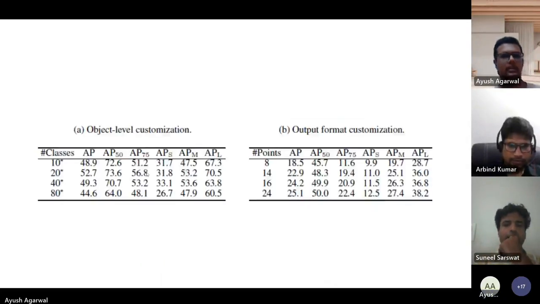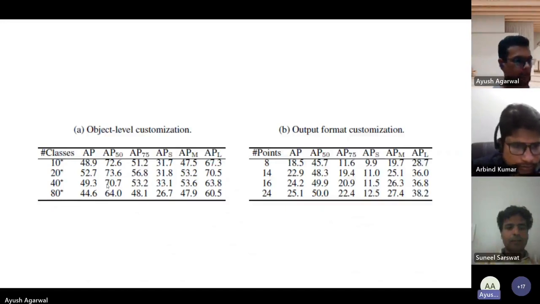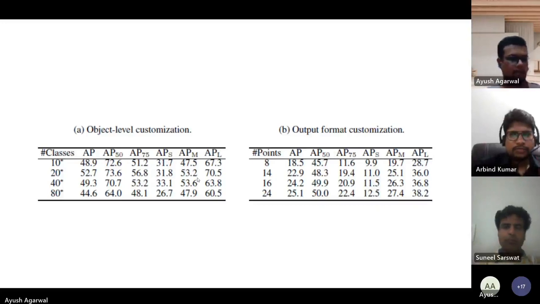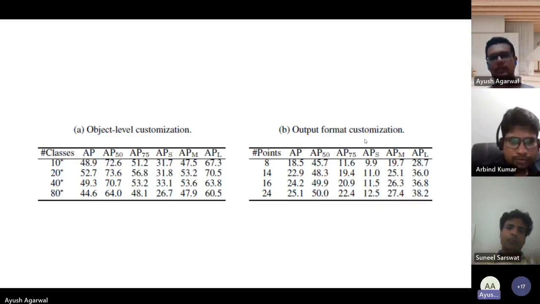Moving ahead. This is a study that they performed on object level customization. For this, they vary the number of classes that they want to predict. With the number of classes at 20, they get decent results, but they are not varying very much essentially. Then output format customization.